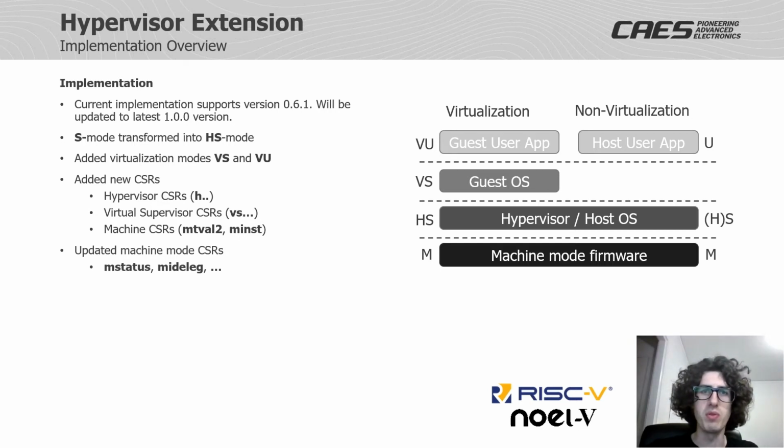Some machine mode control registers are extended, like mstatus, in order to handle virtualization mode status. Support for some new exceptions and interrupts is added, and two new machine mode control registers are also added, in particular the mtval2 and mtinst. They both help with trap handling.